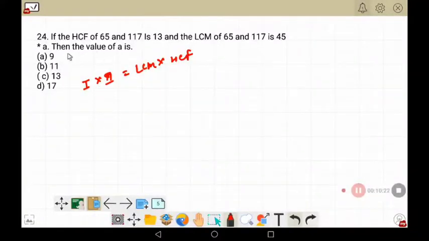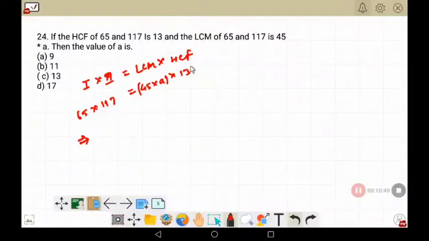So as you know, the HCF of 65 and 117 is 13. Substitute the value. Similarly, you have LCM of 65 and 117 is 45 into A. And the first number we have 65. Second is 117. So very easy. The equation can be solved.